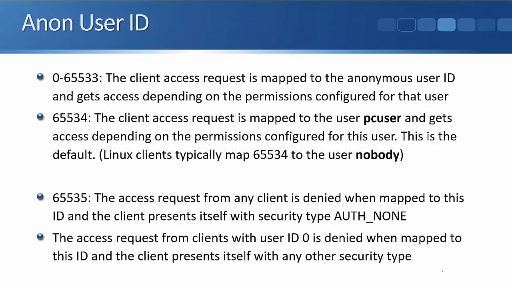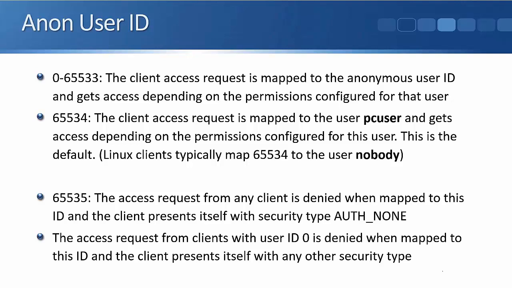So the different user IDs we can use for the anonymous user. We could use a user ID between 0 and 65533. In that case, the client access request will be mapped to that anonymous user ID that you specified, and it will get access depending on the permissions configured for that user.